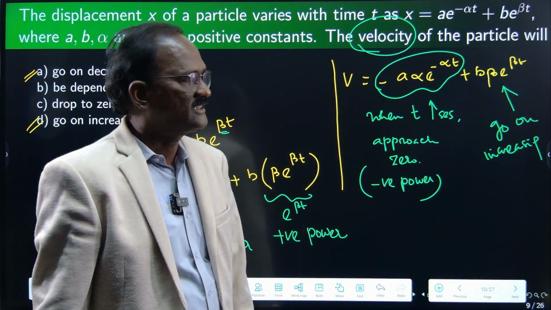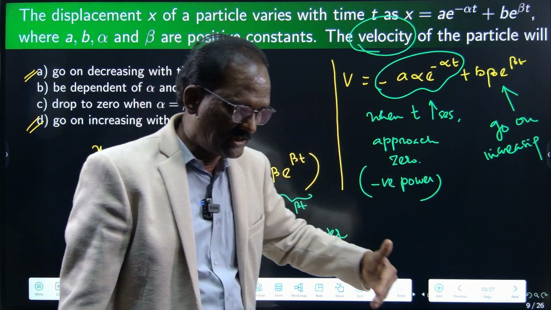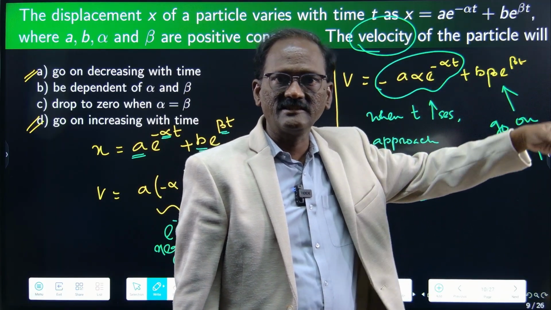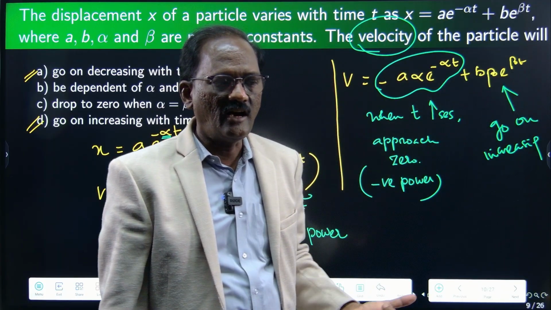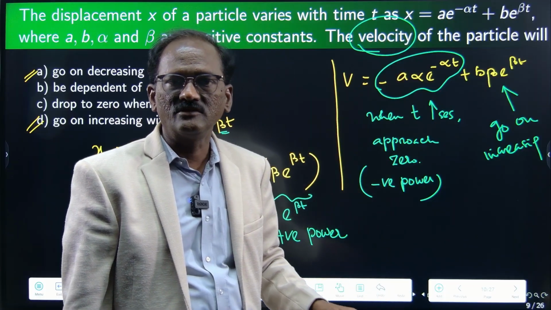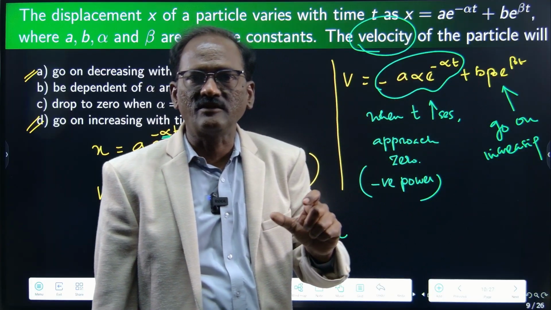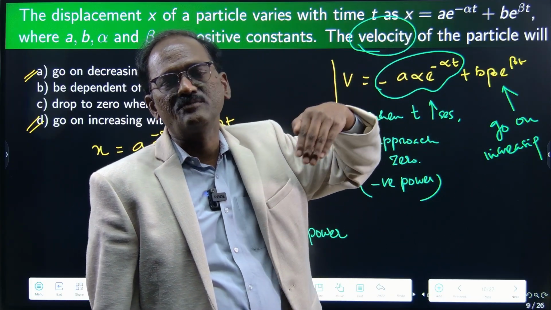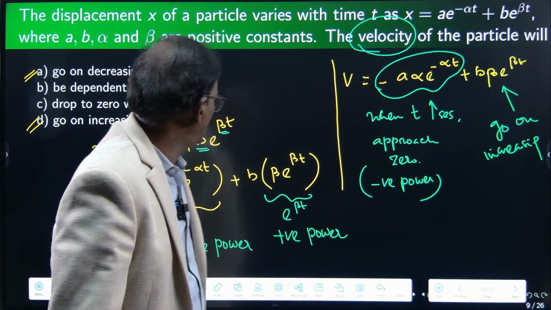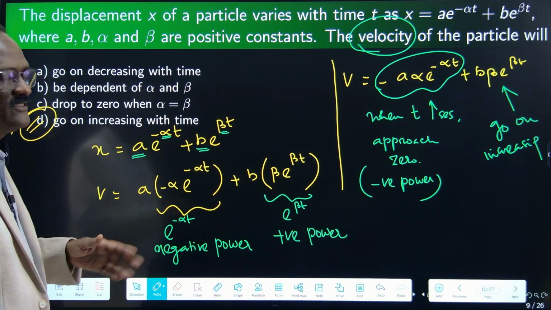When t increases, the first term will become 0 after some time because it is gradually reducing, but the second term is gradually increasing. After some time, the first term will vanish, it will become 0. There won't be any value for the first term. Only the second term will have some value that is increasing with respect to time. As time passes, it will go on increasing. So option D is correct. Go on increasing with the time.